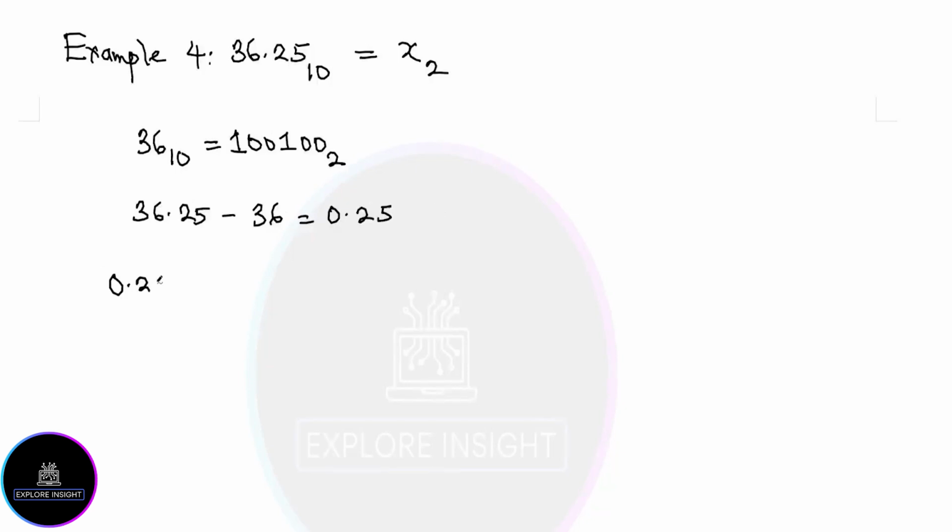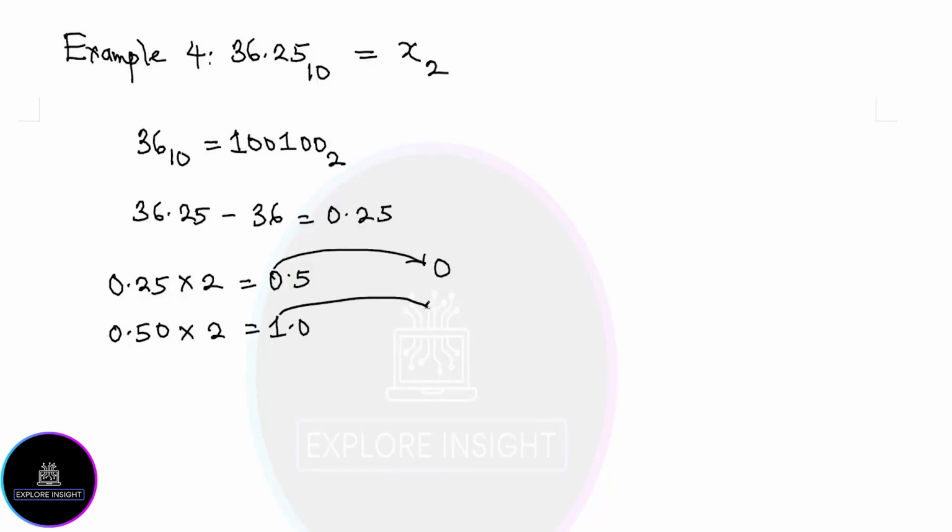So 0.25, this time around, we are going to use the multiplication operation. So we'll multiply by 2. If we multiply 0.25 by 2, we are going to have 0.5. Now, we are going to move this 0 to the other side. So let's bring it here. Now, 0.5 minus 0 will still be 0.5. Multiply it by 2, we are going to have 1.0.